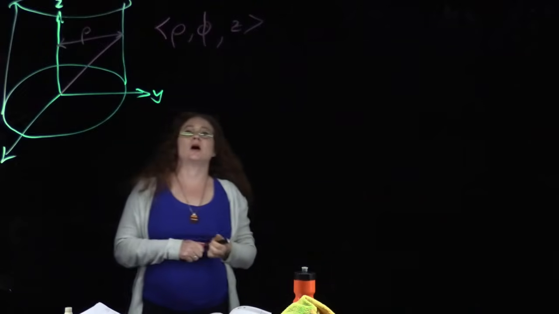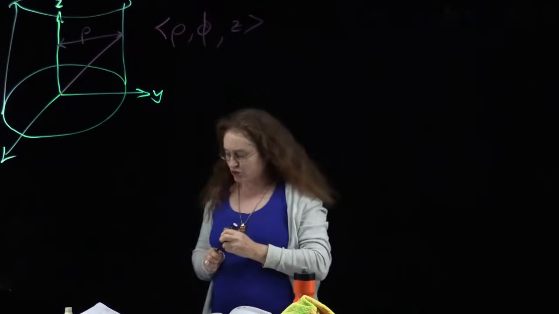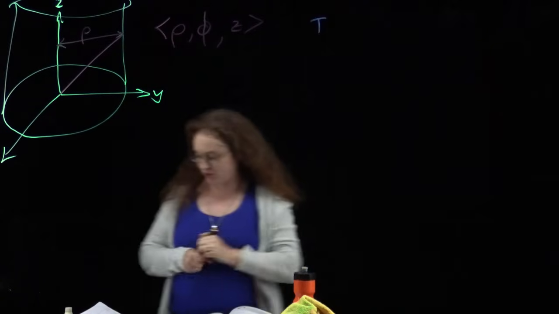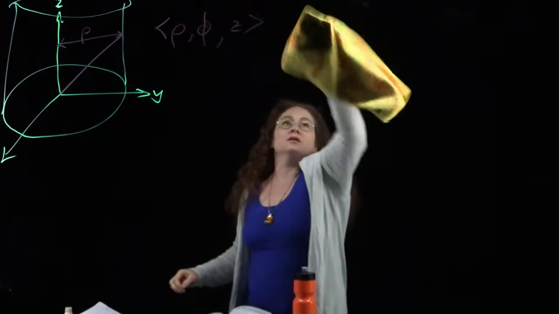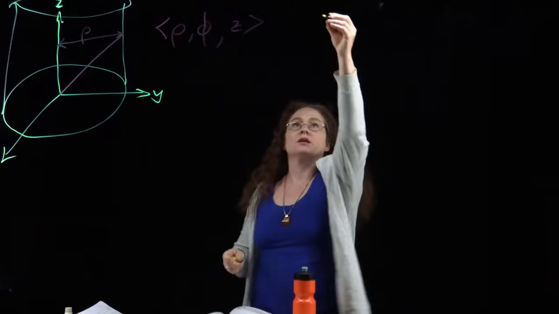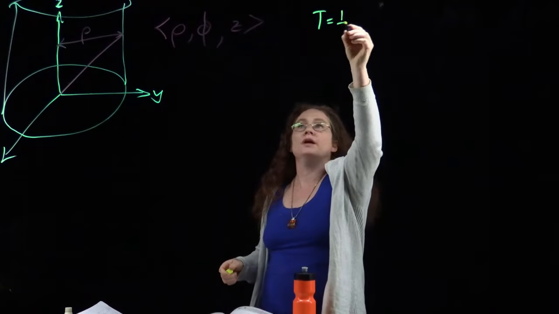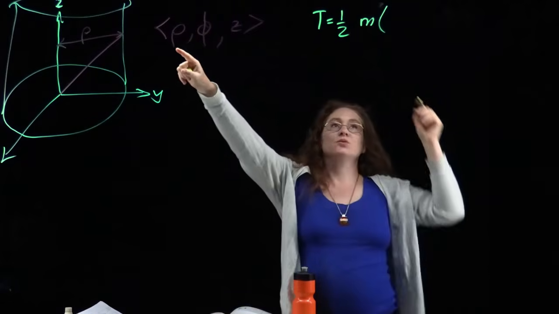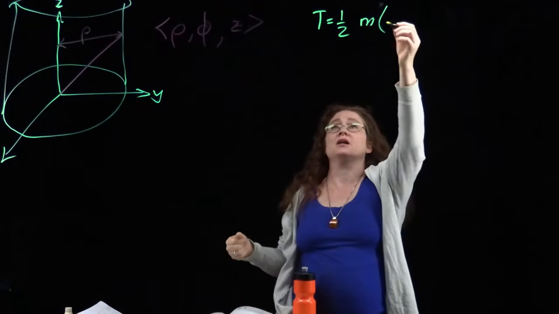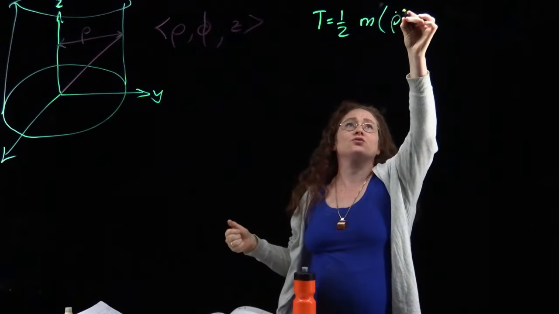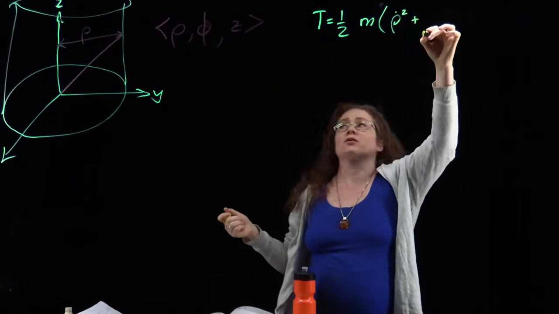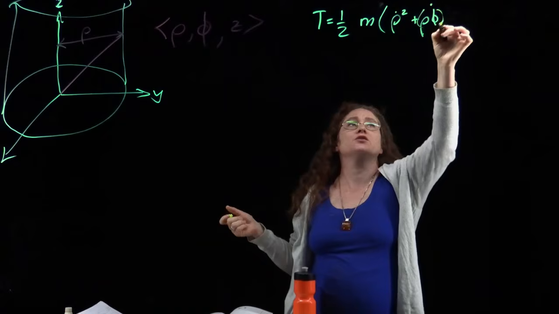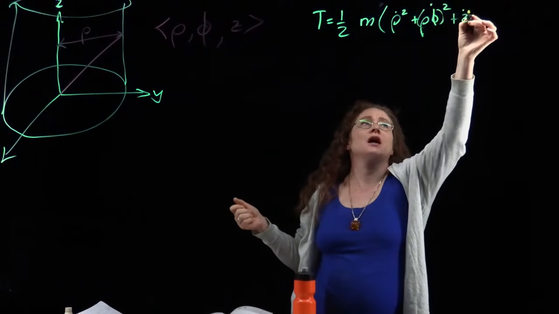So then when we write down the kinetic energy, let me choose a better color. The kinetic energy is 1/2 times the mass, and then this one, r dot, is 0 because it's held constant, although I'm going to write that just for completeness, and then rho phi dot quantity squared plus z dot quantity squared.